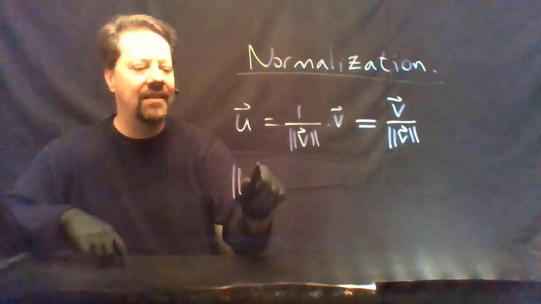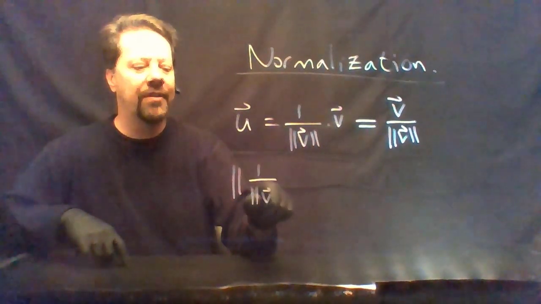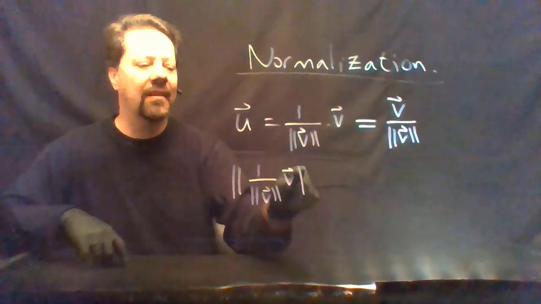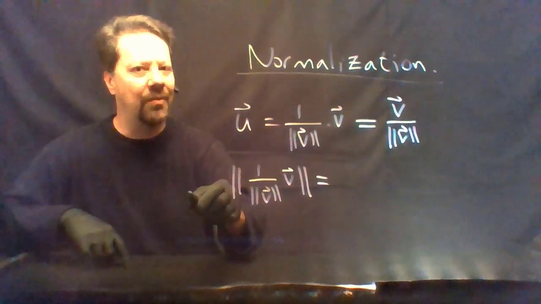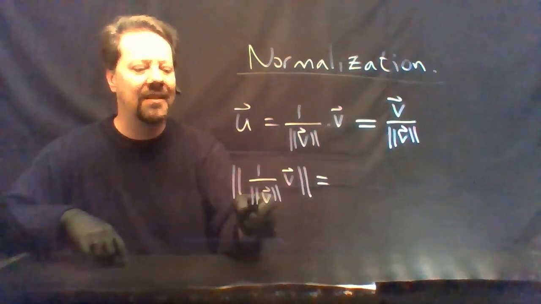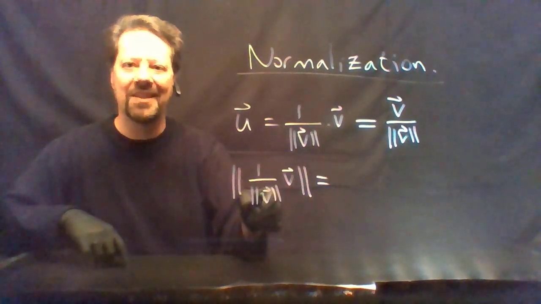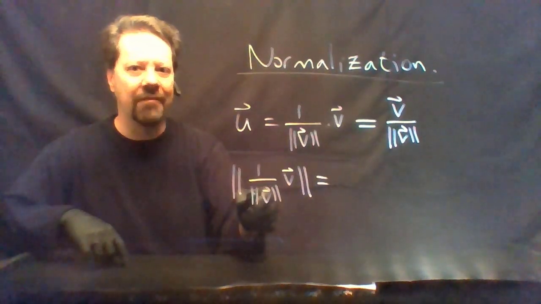You can see that if I take the norm of 1 over the norm of v times v, that scalars can come out of norms in absolute value. But the absolute value of a norm is itself, because norms don't give negative values.